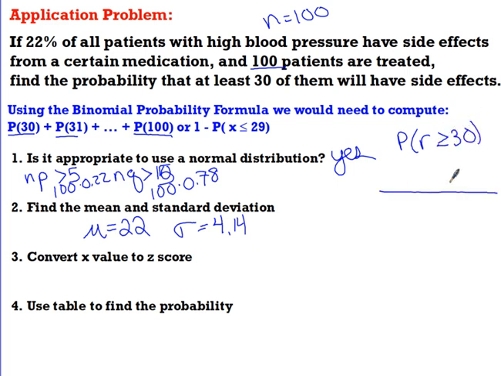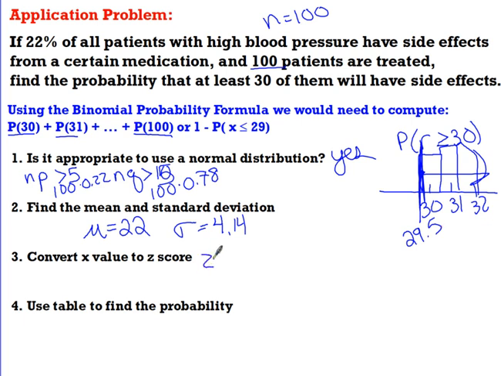Now we're looking for the probability of R being greater than or equal to 30. That means I'm going to draw myself a little rectangle at 30. And I want 31, 32, these rectangles. So I'm going to go from this spot on the x-axis all the way up. So if I adjust that, go halfway over, that's 29.5.